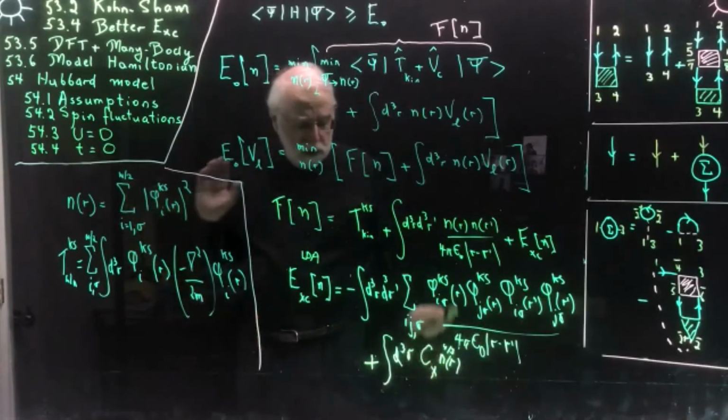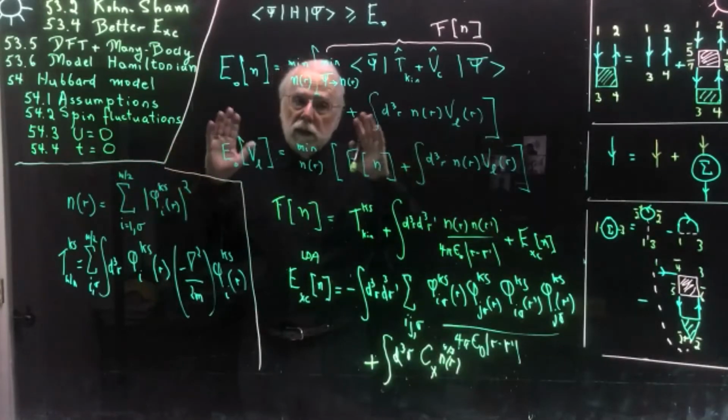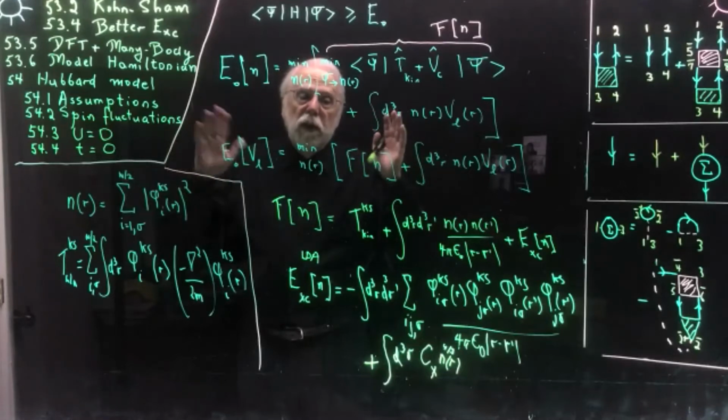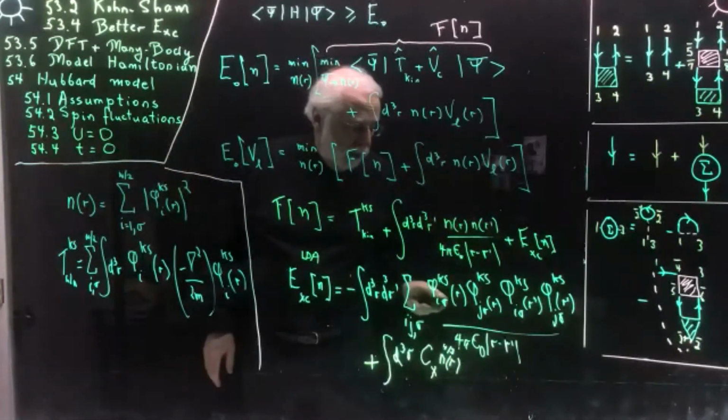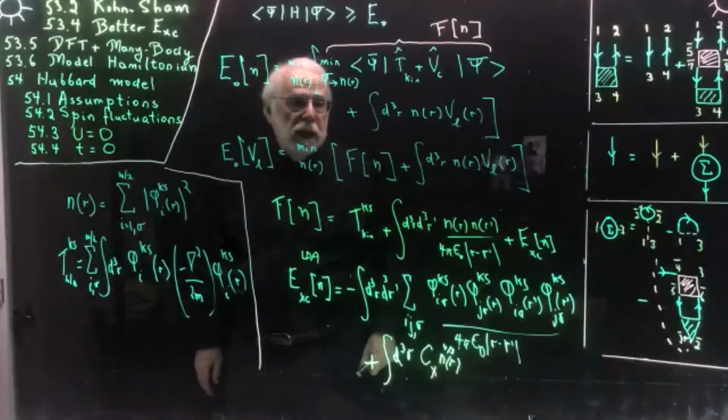So everything is written in terms of Kohn-Sham orbitals, and I can look at the minimum. Looking at the minimum is taking functional derivatives with respect to the phi's, and what you find are equations that look like Hartree-Fock.